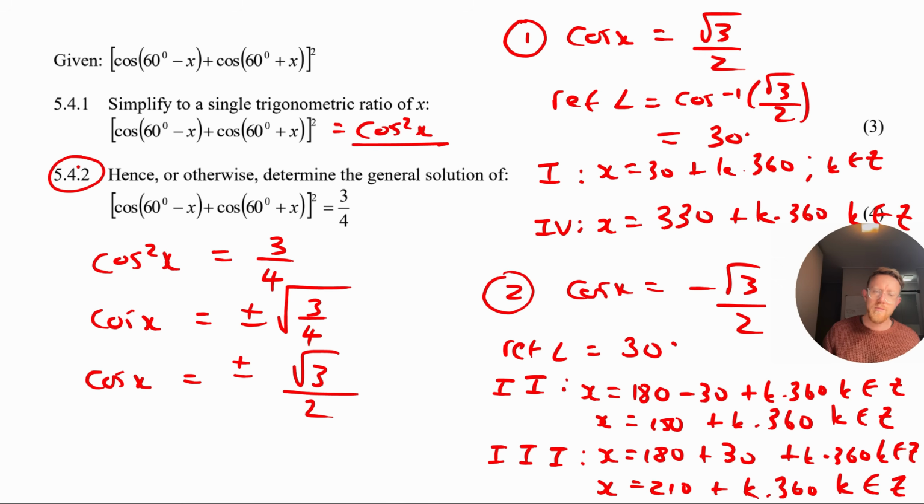Now, you might be from a school where your teacher uses this other kind of method for cos, where your answer is just going to have plus minus. That is also valid. Your answer will look a little bit different though.